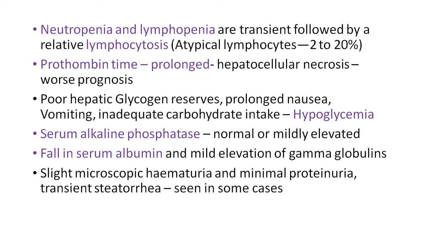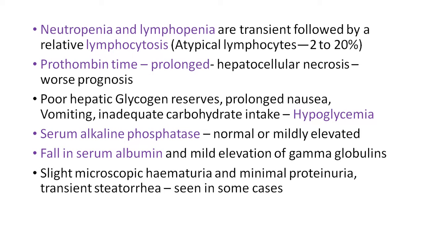Then, as it is a viral infection, you can have neutropenia and lymphopenia. PT is prolonged, because coagulation factors are produced in the liver. If the liver is malfunctioning, prothrombin time is prolonged.